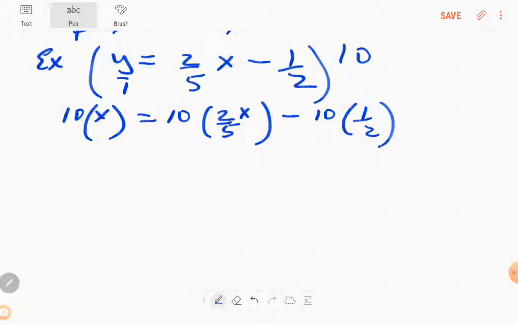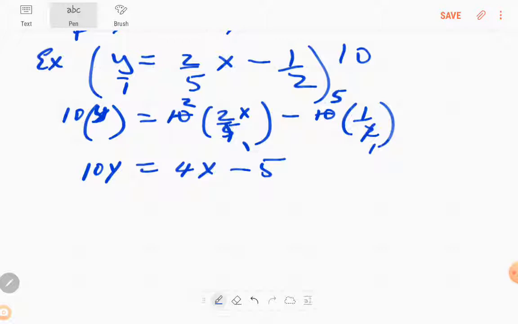So here, 10 times y, that would give me 10y. Here, 5 divides into 5 once, 5 divides into 10 2 times, so 2 times 2, that'd be 4x, minus, well, 2 divides into 10 5 times, and 5 times 1 is 5.